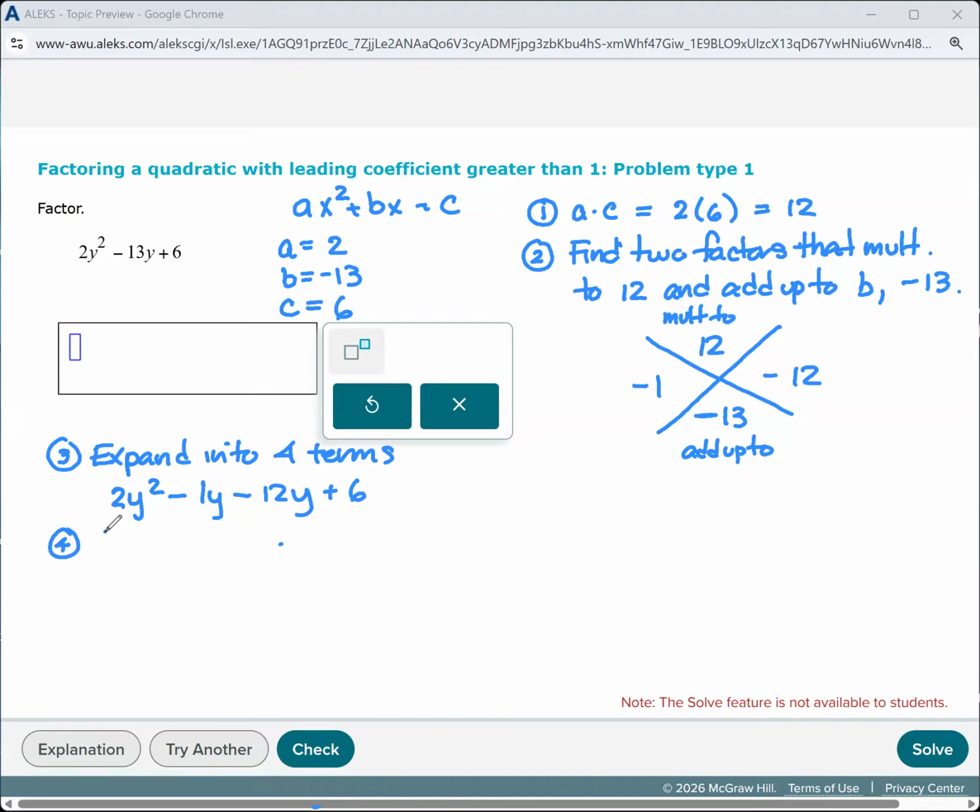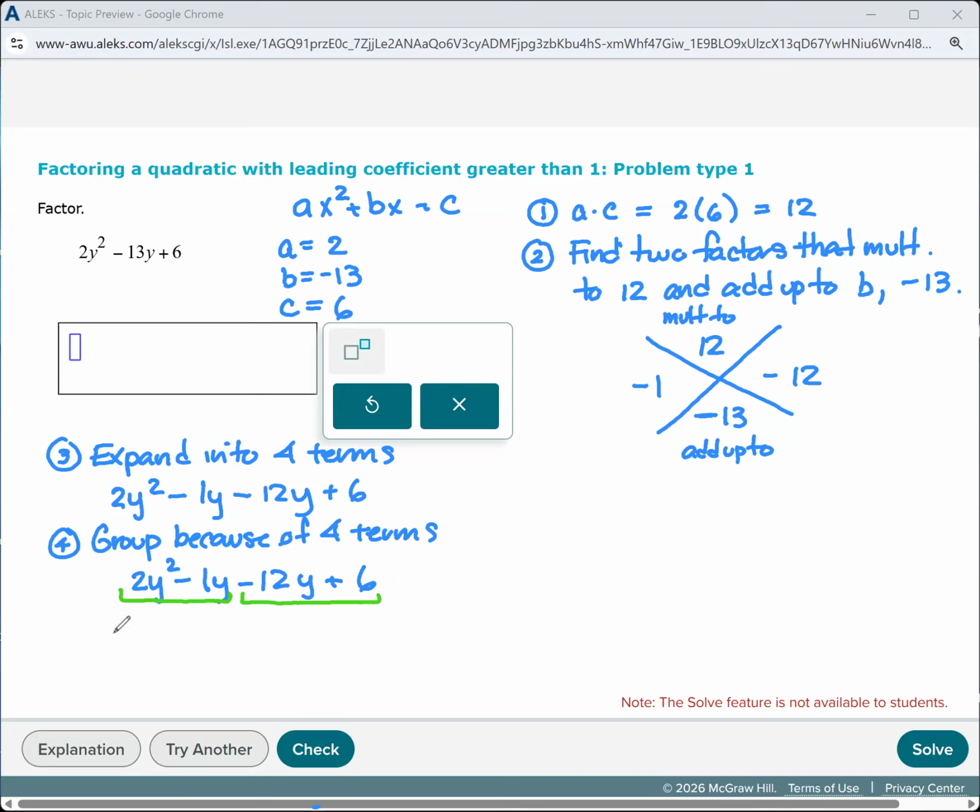So now I'm going to group, right, because I see four terms. So if I do that, I can take a look. I have 2y squared minus 1y minus 12y plus 6. So here's my first group, and here's my second group.